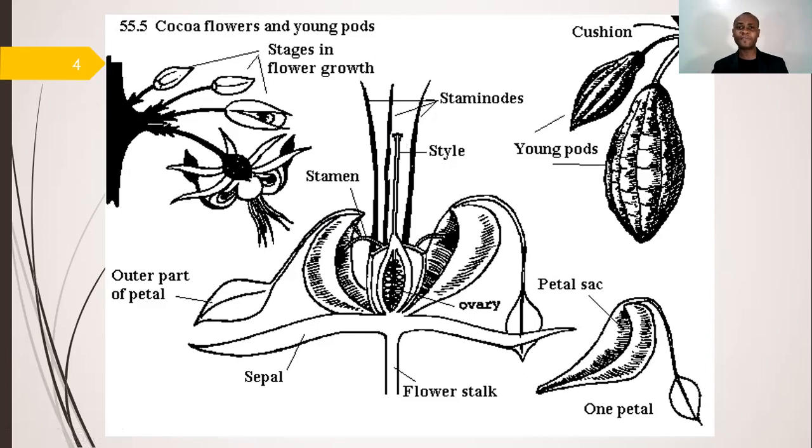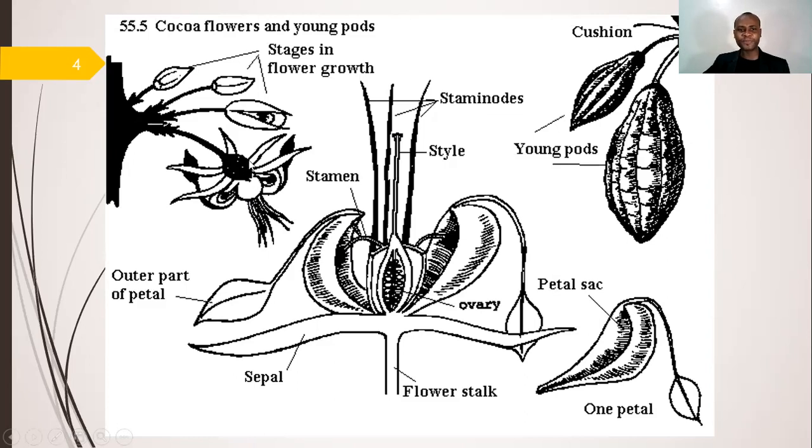So most fertilization in cacao is more of cross pollination instead of self-pollination.